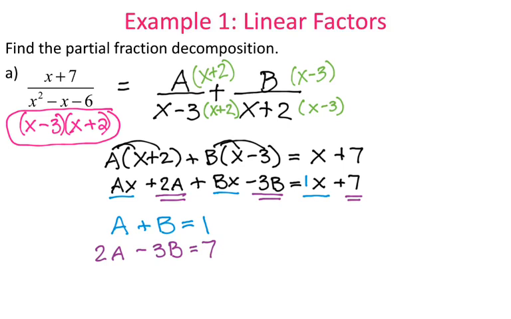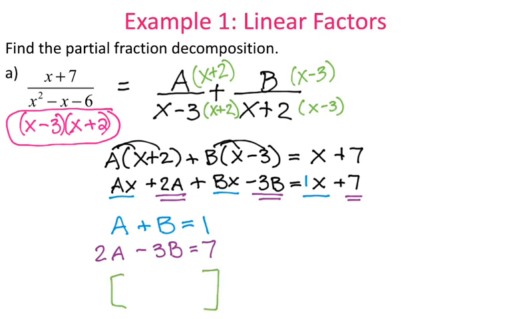Now what you have left is a system of equations, which you can solve a couple different ways. You can solve by substitution, you can solve by elimination, you can also use the calculators, which makes it a lot easier, by using the RREF. So I'm going to go ahead and set up my augmented matrix.